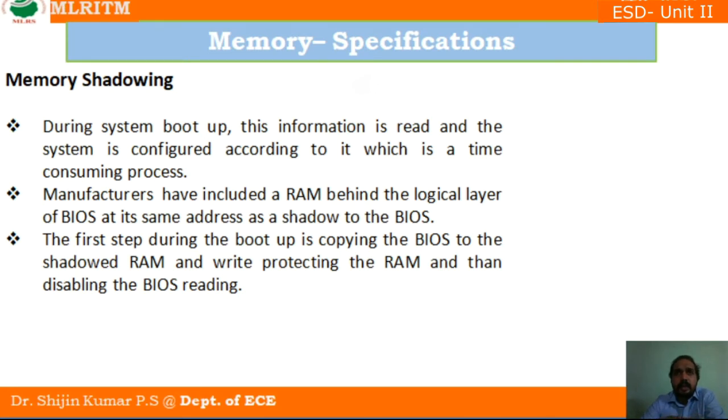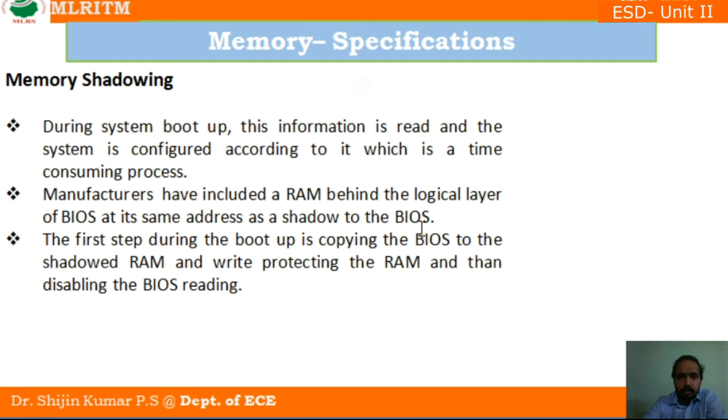Write protected means we cannot write any further program to that RAM, and we will disable the reading of the ROM. The content of the BIOS present inside the ROM is copied to the RAM, and the RAM will be write protected. We cannot write anything other than the BIOS program.